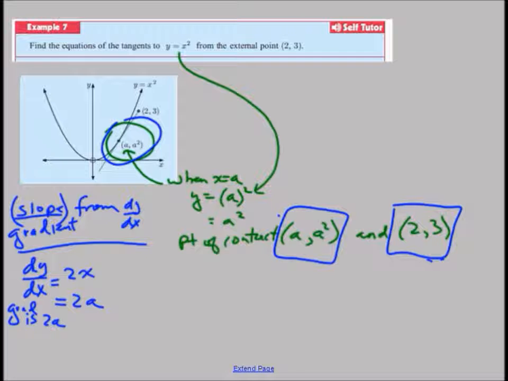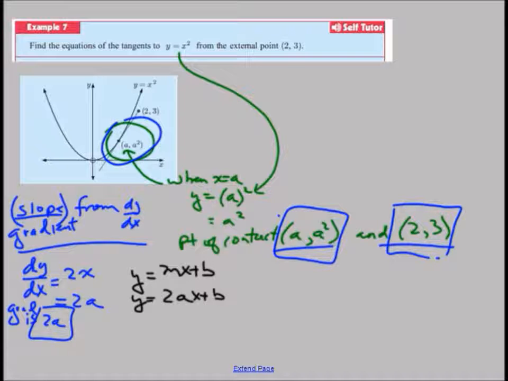So in this case, we have a slope, the gradient. We have 2 points. Let's choose one of those points to plug into our equation. Slope is 2a.